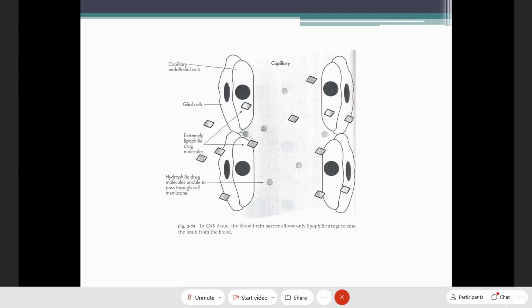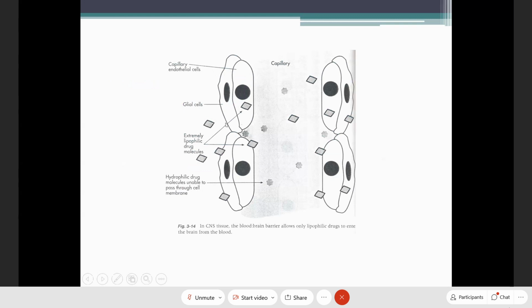This is just a revision. You must have seen all these cells in histology lectures, to show you the barriers, the tight junctions. Extremely lipophilic drugs will penetrate the glia cells.